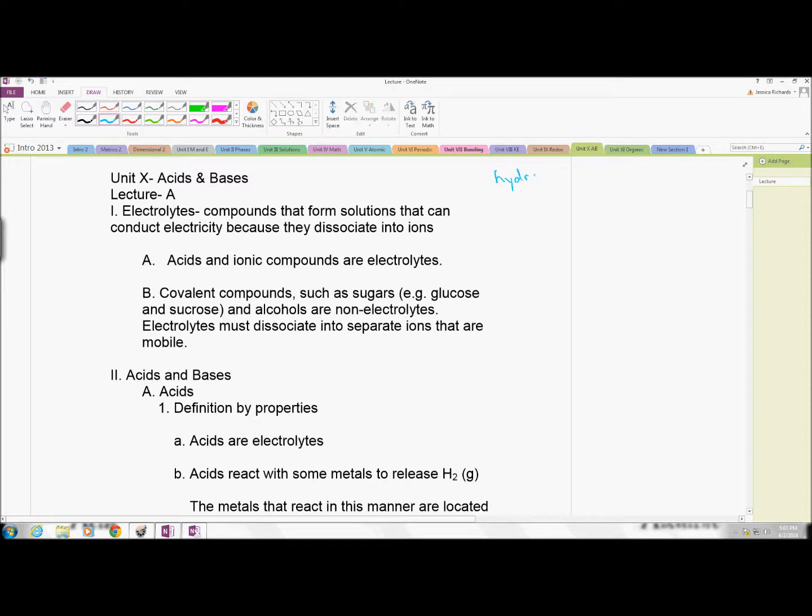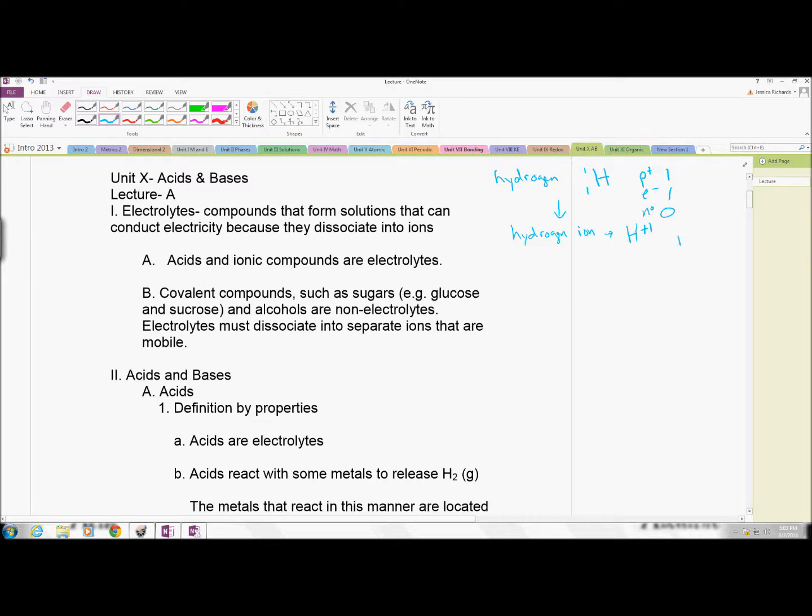Hydrogen, the smallest element, symbol H, made of one proton, one electron, and no neutrons. When hydrogen becomes a hydrogen ion, that implies that it's the positive ion of hydrogen.